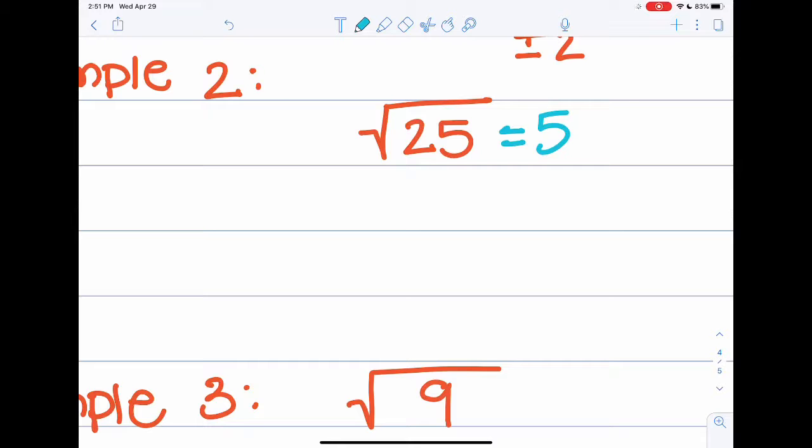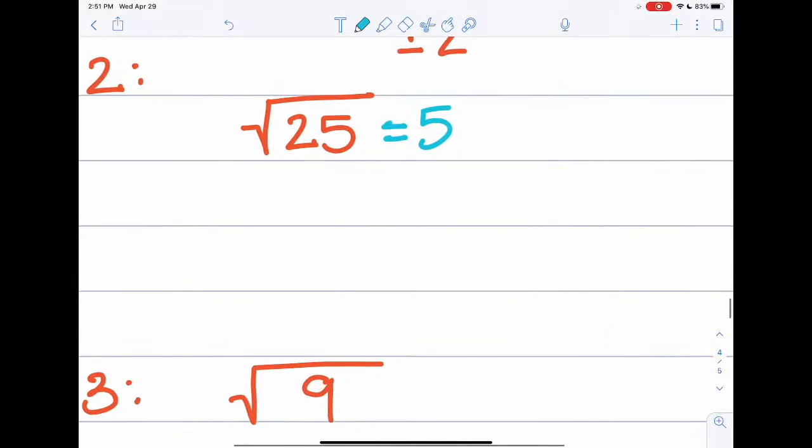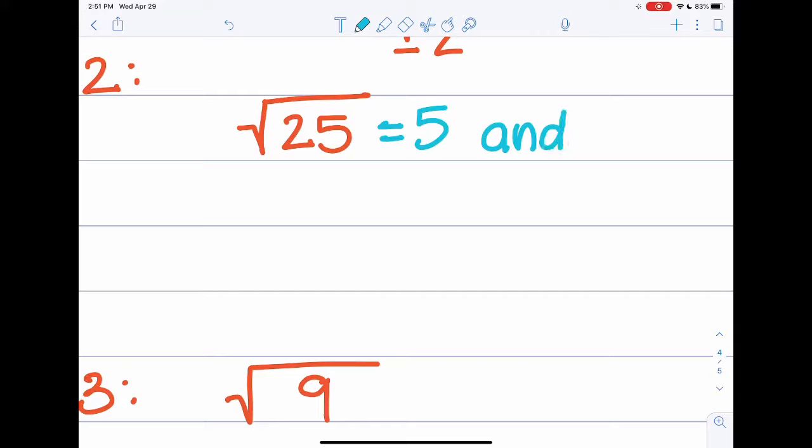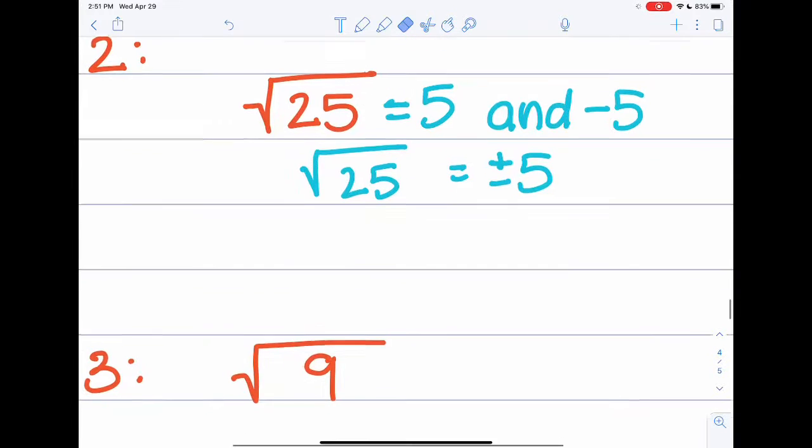And which other one? -5. Because 5 times 5 is 25, and -5 times -5 is also 25. So my answer here is plus or minus 5. So either way you write it, they're both correct.